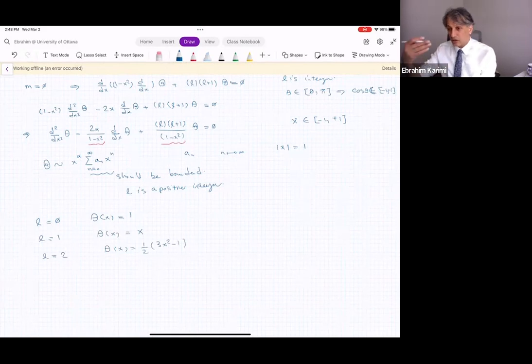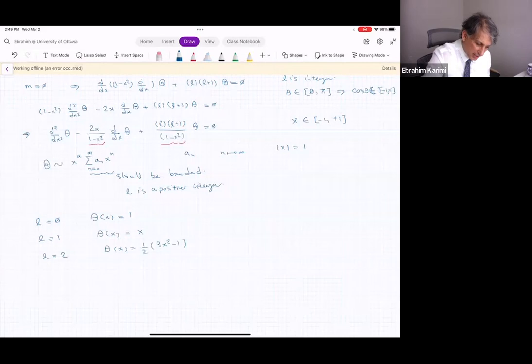So that recalls that this condition on L will give you solutions for this differential equation, which are identical to the Legendre polynomials.